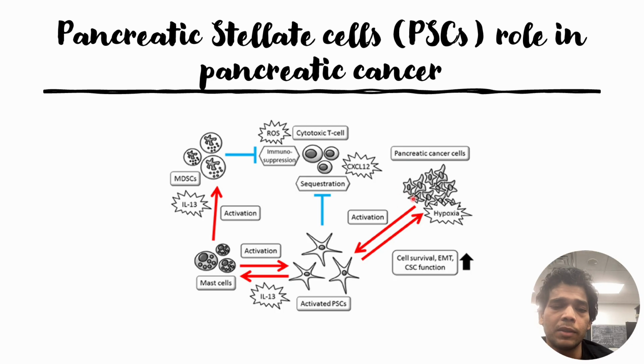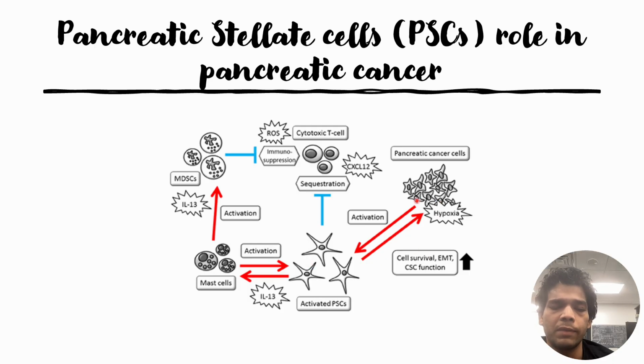At the same time, they help in the metastasis or invasion of the cancer cells. On the other hand, the more the pancreatic cancer cells develop, the more they help in the activation of the pancreatic stellate cells. So all these things seem to be interlinked to each other.